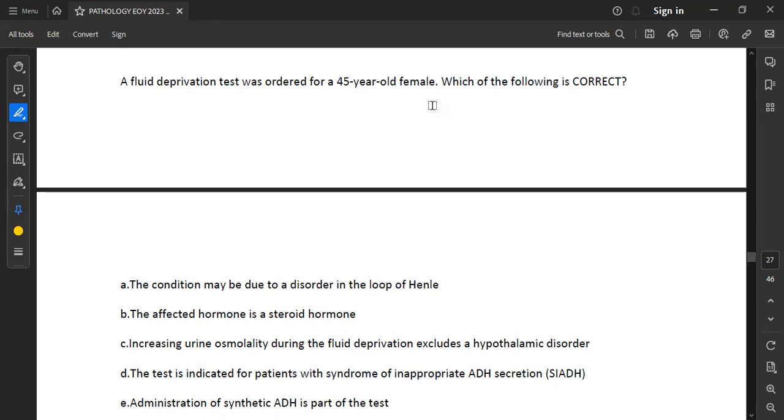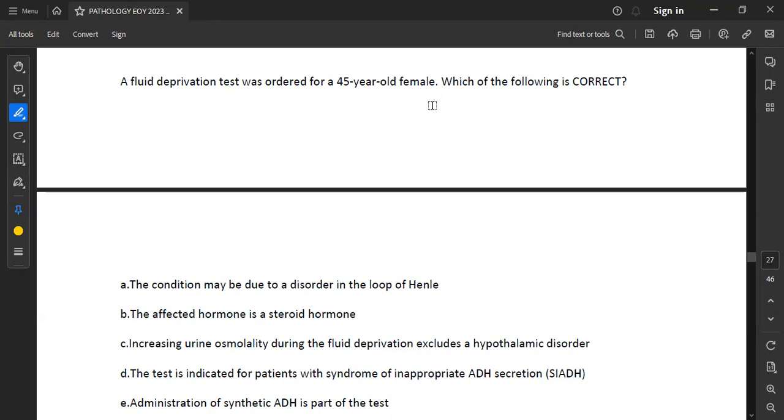I found it worthy to note that the hallmark for SIADH is hyponatremia with hypoosmolarity and high urine osmolarity. In diabetes insipidus, this person is releasing a lot of water, so the serum will be more concentrated, with more solute because we're losing most of the water.